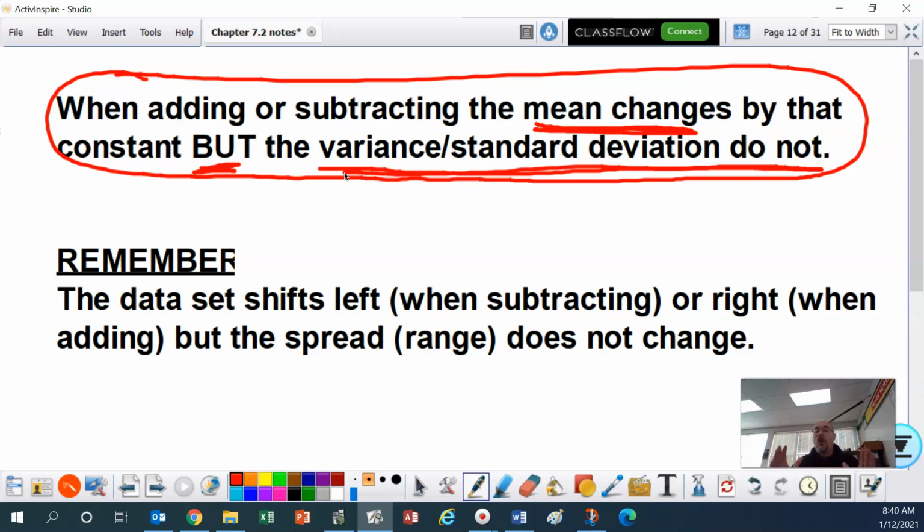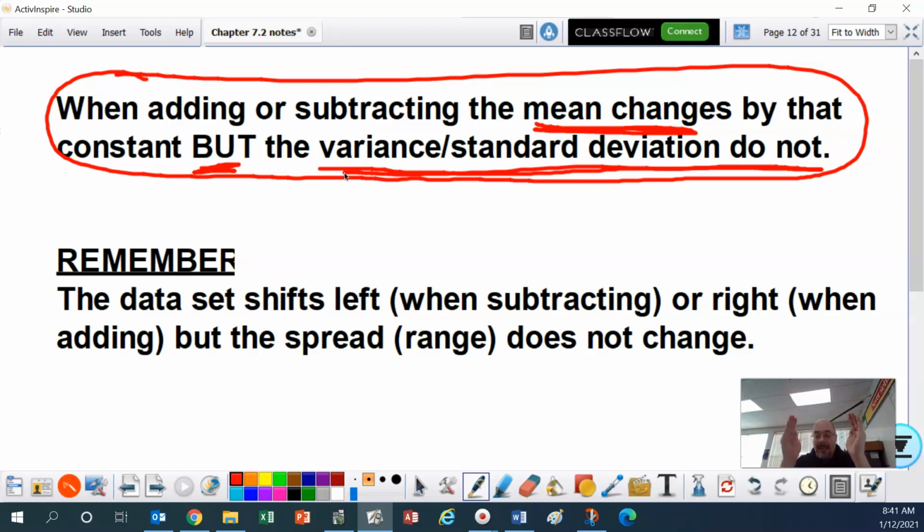Now think about why. Let's say my data goes from here to here. Remember, standard deviation measures how far away on average the numbers are from the mean.